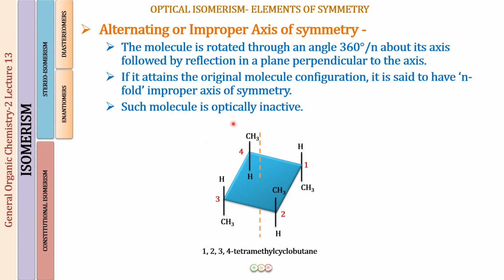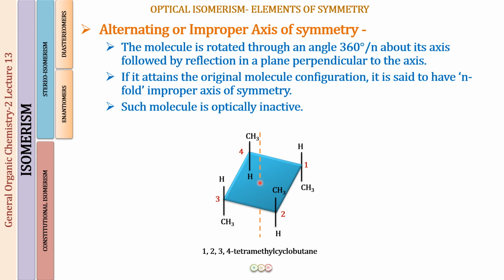So we are going to have one plane of symmetry along this diagonal and one plane of symmetry along the other diagonal as well. So there are two planes of symmetry, and there is an n-fold axis of symmetry for this molecule, that is a 4-fold. Right? So first of all, you can identify in the molecule whether a center of symmetry is present.